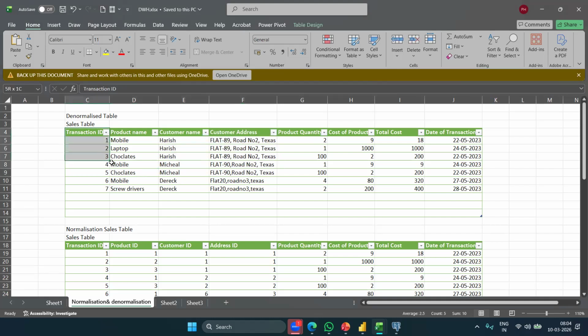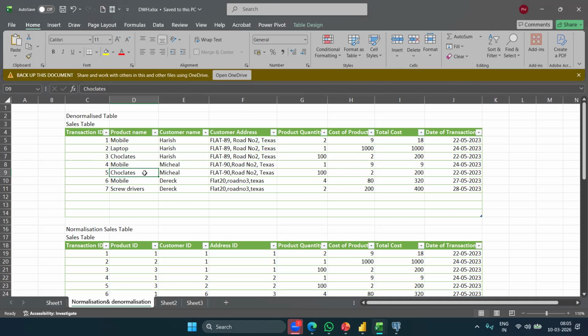Data retrieval-wise, it is faster, but we are storing data repeatedly. My address is stored 100 times if I visited that store 100 times. Similarly, the product names are repeated. And if you take chocolates, hundreds of customers are going to purchase chocolate, so that word is going to be repeated multiple times, right?